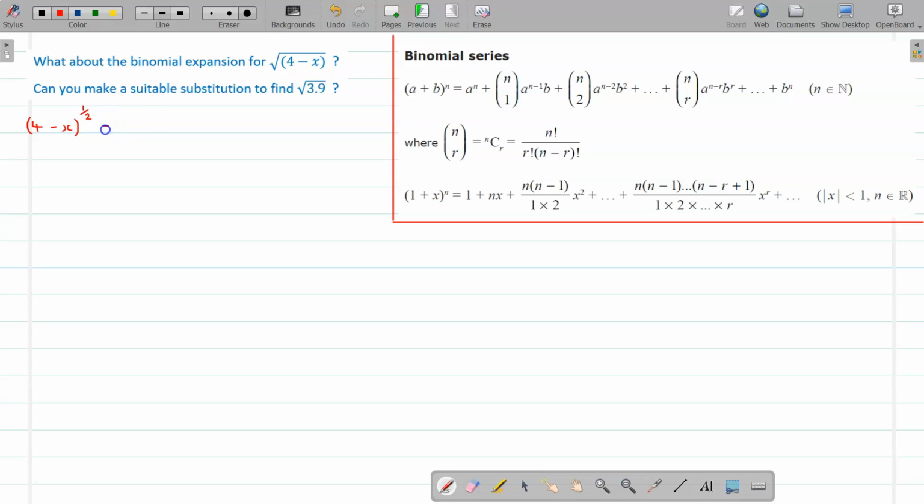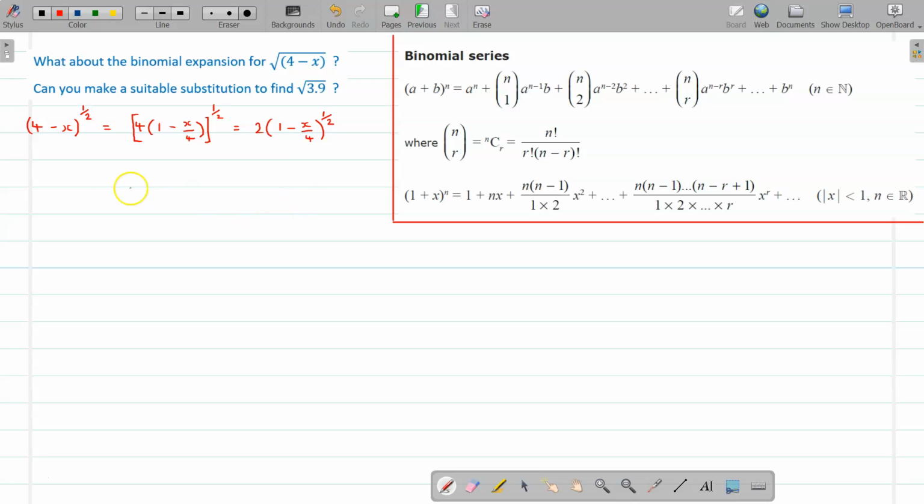So that can be written as 4 lots of 1 minus x over 4. Okay? And all of that, the whole thing, to the power of a half. Okay? And of course, 4 to the power of a half is 2. It's the square root of 4. So that is equal to 2 lots of the expansion of 1 minus x over 4 to the power of a half.